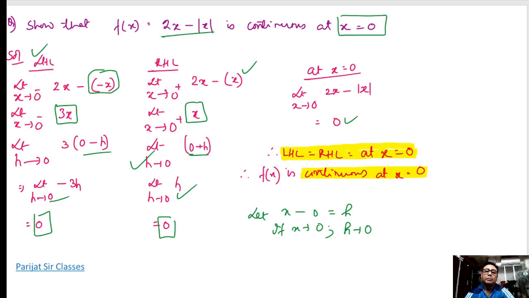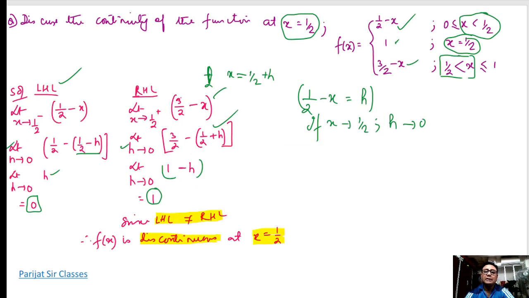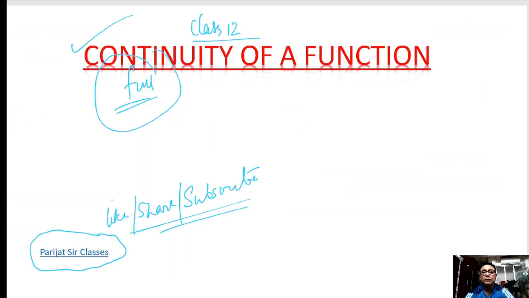Try to understand how I am solving them, and keep solving along with me so that you can get confidence in this particular chapter. Don't just keep watching it, pause and solve the sums along with me.